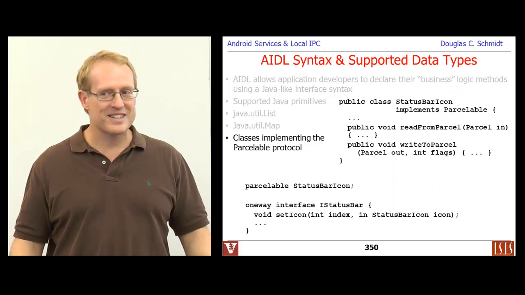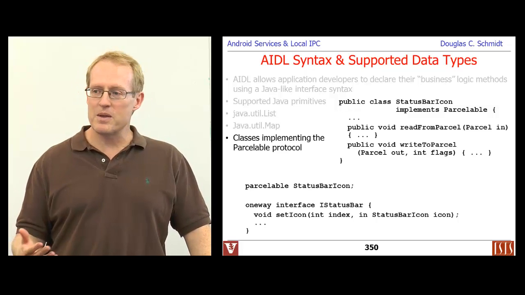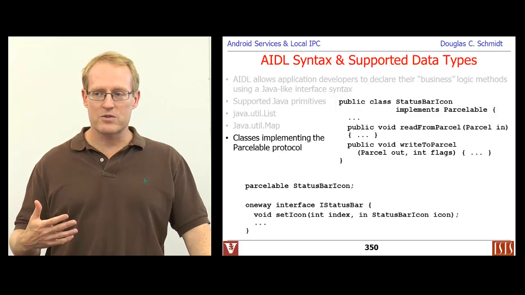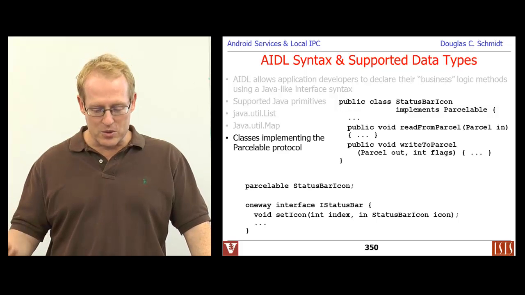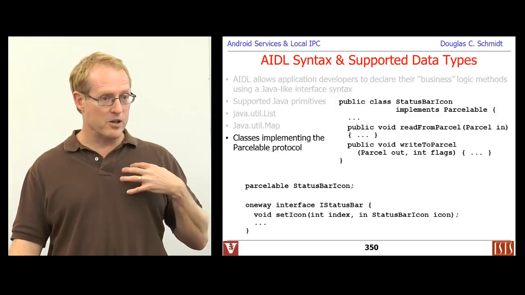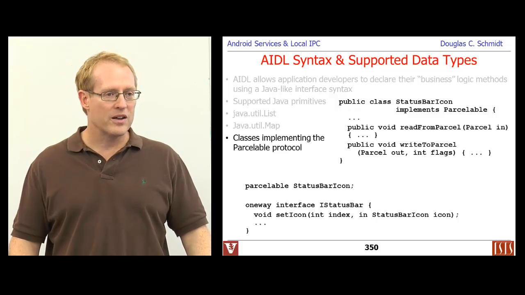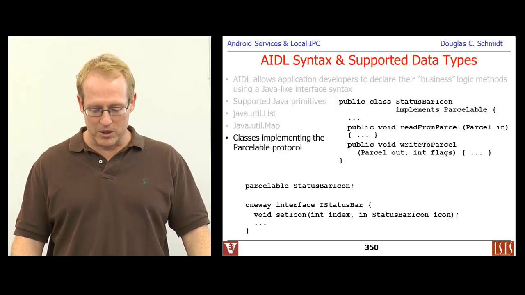That's the next topic. So you can actually define your own data types and have them be passable back and forth as parameters or return values from methods defined in AIDL interfaces. And the way that you do this is kind of interesting. So you define your own class, like this is one that I got out of Android. For the status bar icons, there's something called a StatusBarIcon, which implements Parcelable.